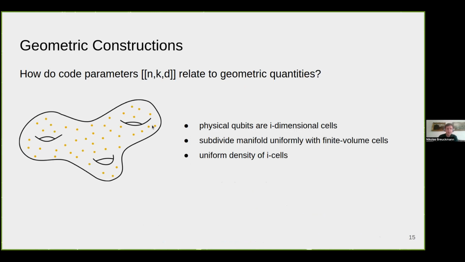So if we subdivide our manifold uniformly, using finite volume cells, then we get a uniform density of the i-cells, which are the physical qubits. And this immediately tells us that the number of physical qubits n scales with the total volume of the manifold that we construct our code from. So this is the first relation.